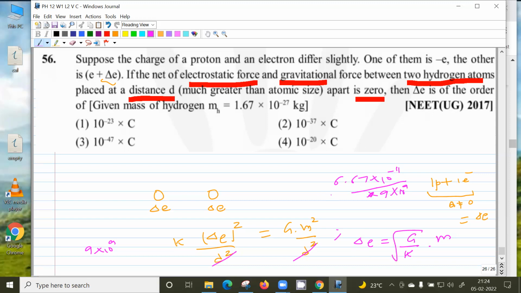So it is 10 raised to minus 20. So this will become 10 raised to minus 10, and 6/9 approximately, and mass is 1.6 into 10 raised to minus 27.